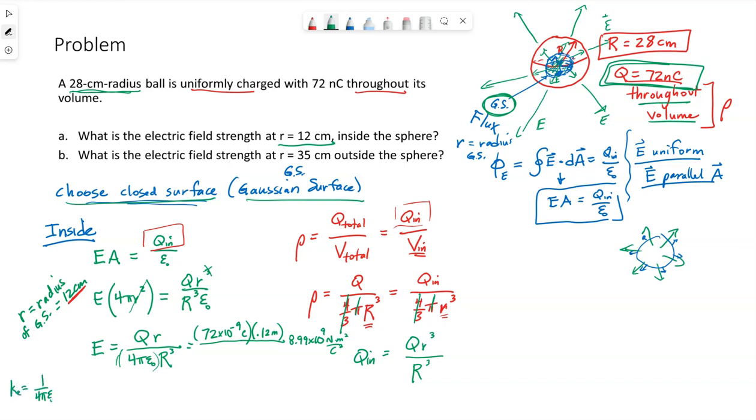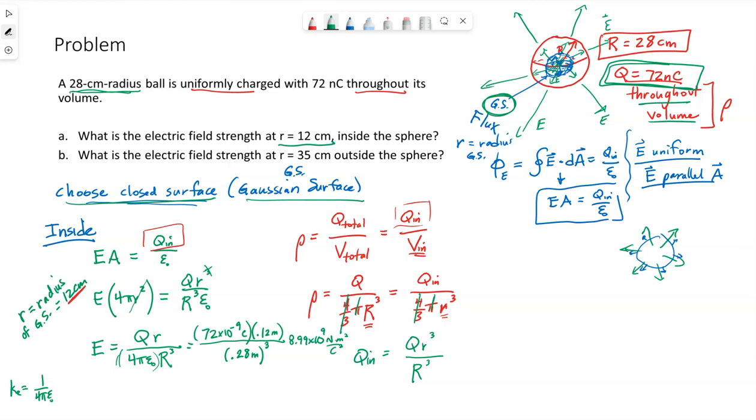So rather than write out the 4 pi epsilon naught in the denominator, I'm going to go ahead and just use my k. Capital R is specifically the radius of the overall charged sphere. So the 28 centimeters, which of course I want in meters.